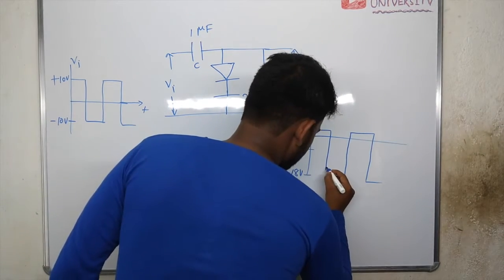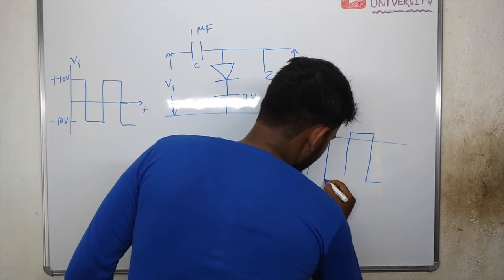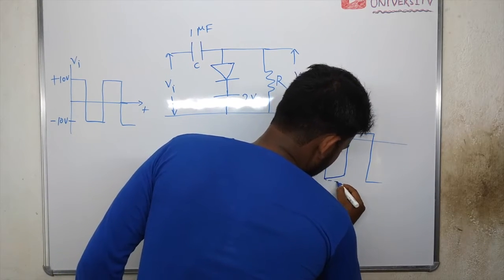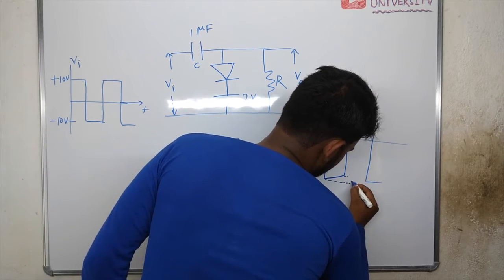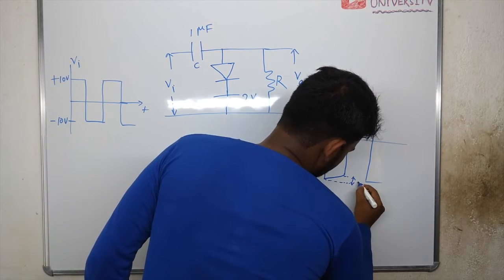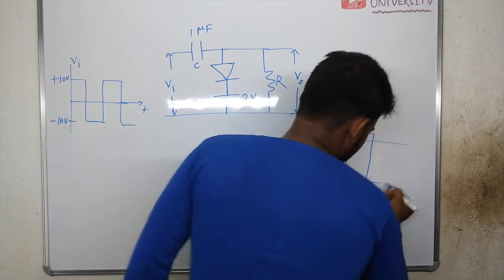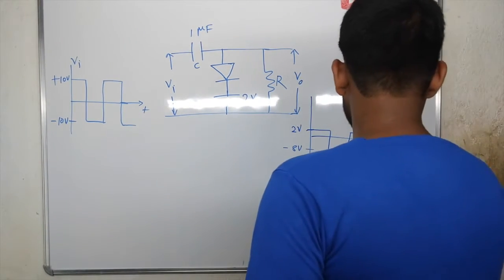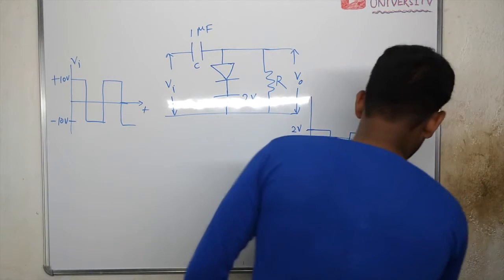You will find some tilt like this, and this is your tilt delta V naught. In the negative half cycle you will find some tilt because it is a practical clamper.